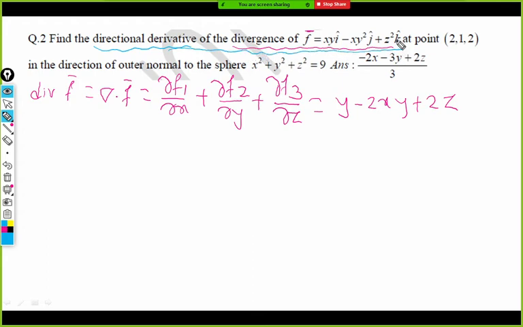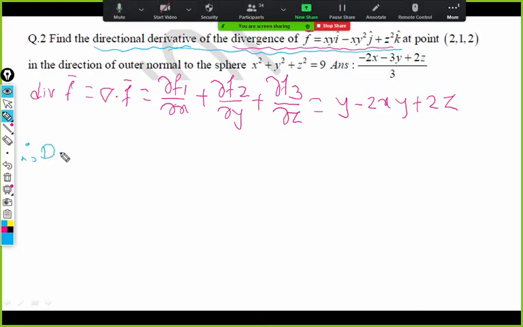This directional derivative is like the gradient of this function, so we have to take it.